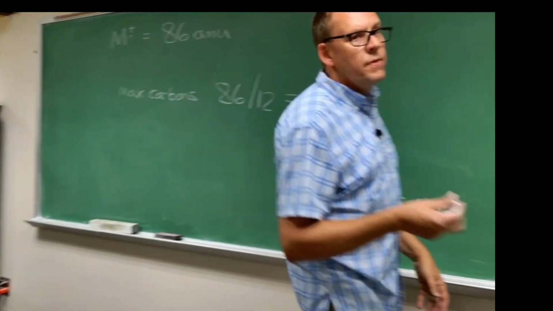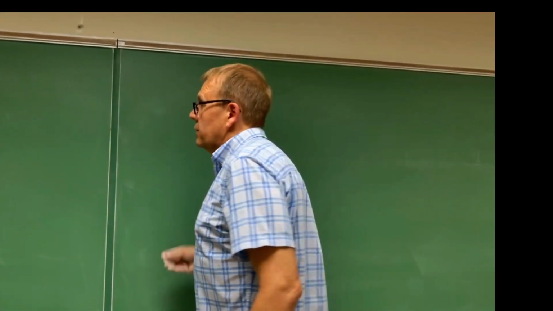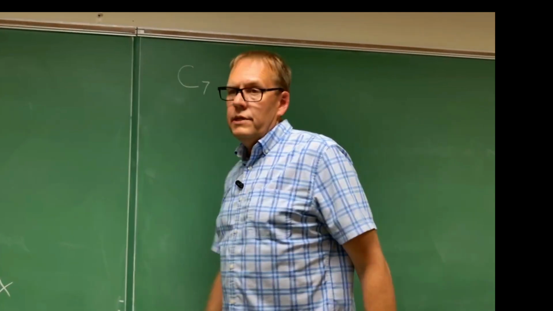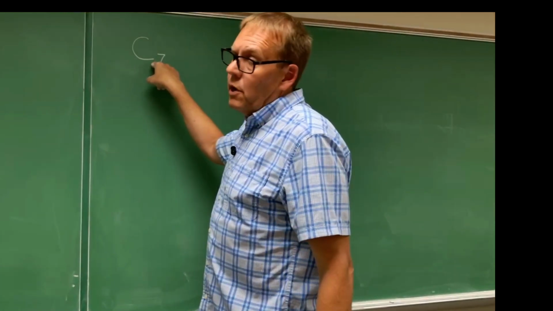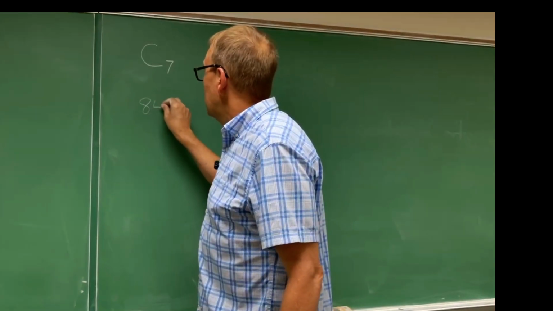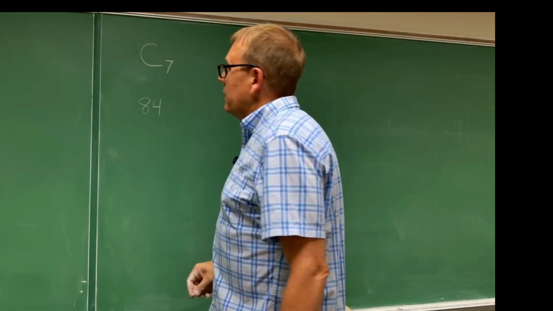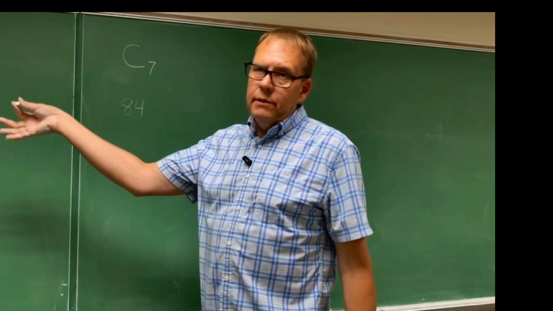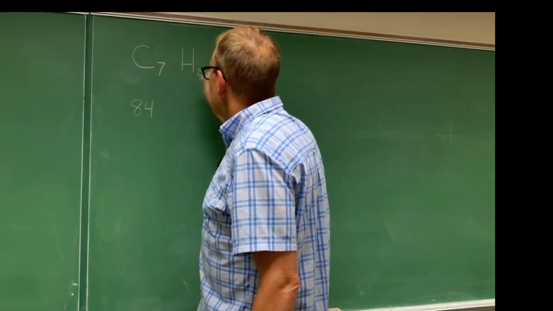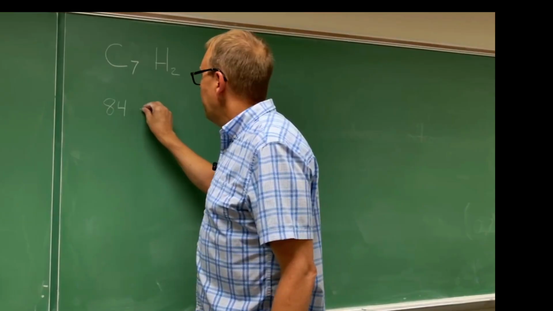So here are some hypothetical formulas that you could start to work with. You could say, well, maybe I've got C7, max number of carbons. 7 times 12 is 84. And then if 86 is the mass, there'd only be 2 hydrogens in the molecule then.